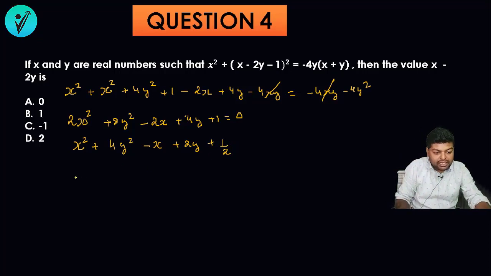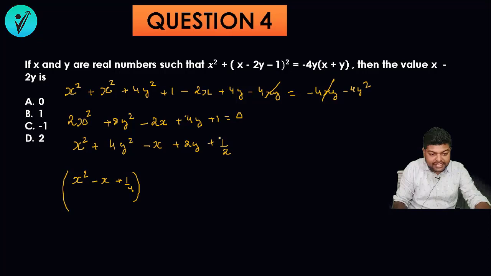So keeping the same variables together, it can be written as x square minus x plus 1 by 4, as we have split this 1 by 2 into 1 by 4 and 1 by 4. And here we can write 4y square plus 2y plus 1 by 4.